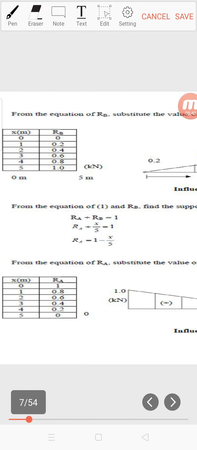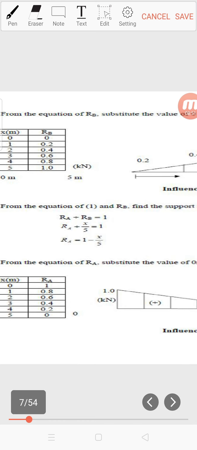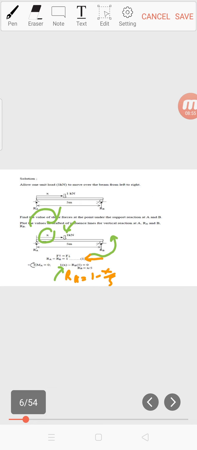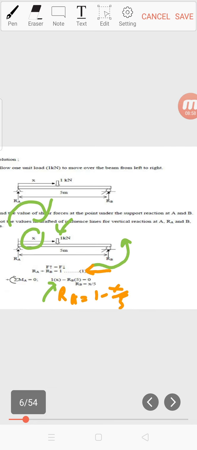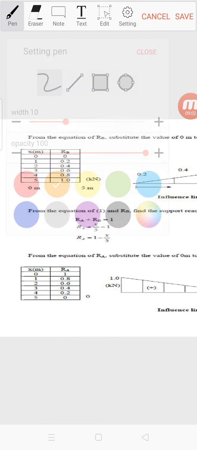So we can draw an influence line for both RB and RA. RB just now is x over 5, so we put it here.